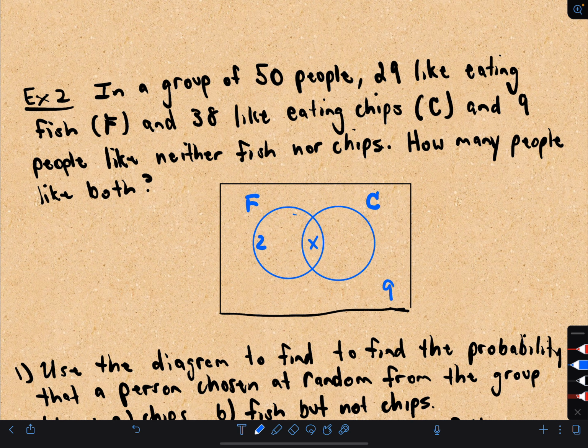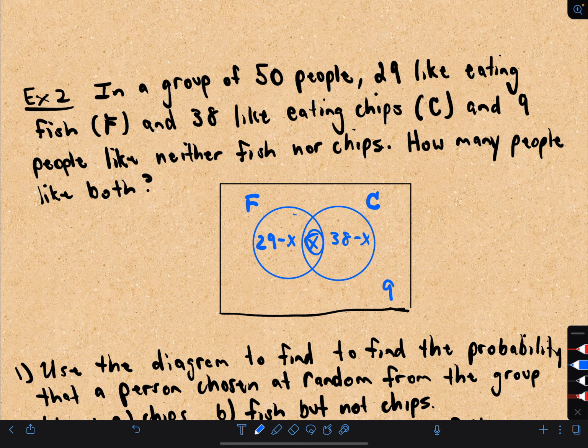Well, that's going to be 29 people in total, but I'm going to subtract away X because that's the number of people that like both. So the idea is when I add this number plus this number, it has to equal 29. The same thing, I know that 38 people like eating chips, so I could make this value 38 minus X, because that's the people that are going to like chips only.